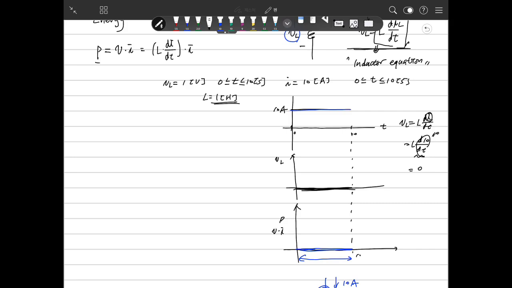Actually, 1 henry is a very large value for inductance in real practice. Anyway, for simple calculation we choose 1 henry. Then what happens? Over 0 to 10 seconds, the V is 1.